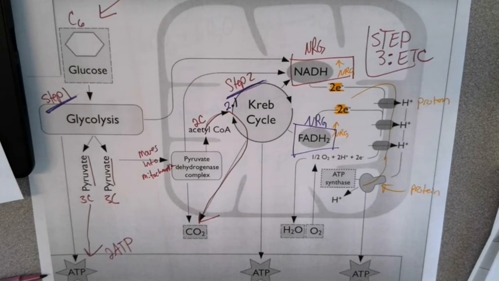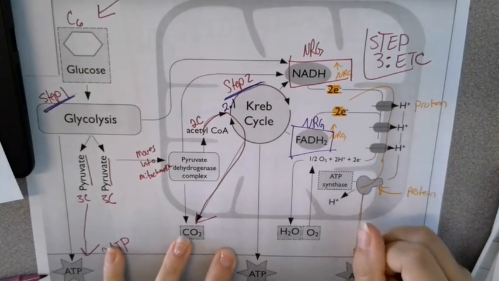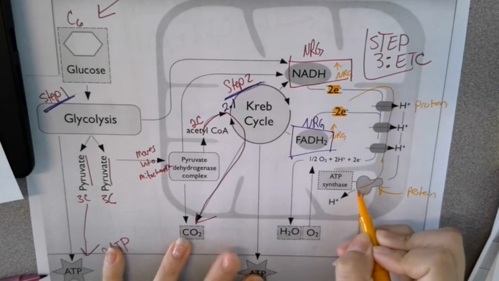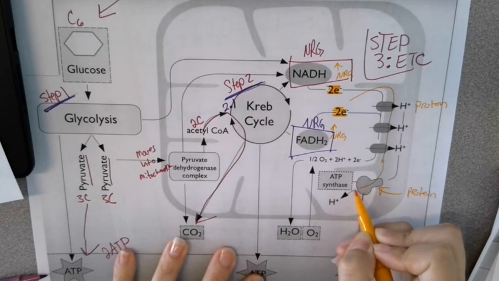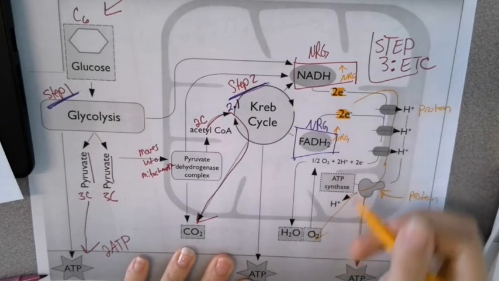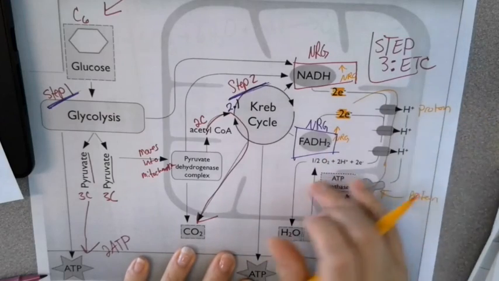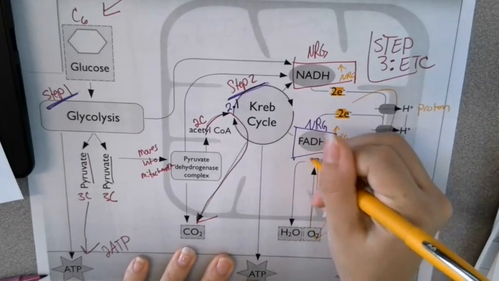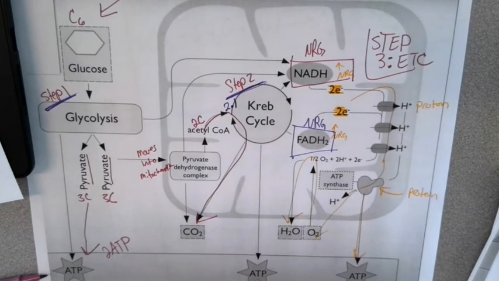And it's going to be pumped out to make, yes, ATP, but it's also going to be coming out to oxygen. The oxygen can also react with other electrons that are around here, and it'll be reformed into water.